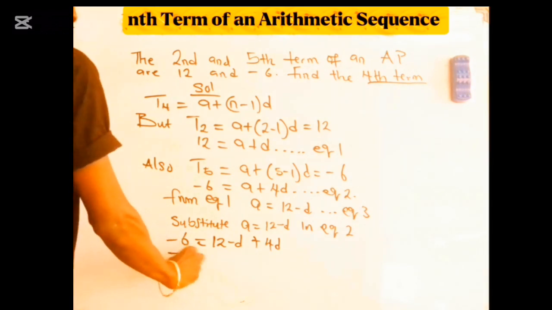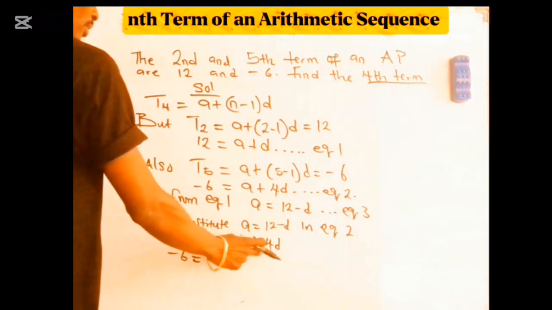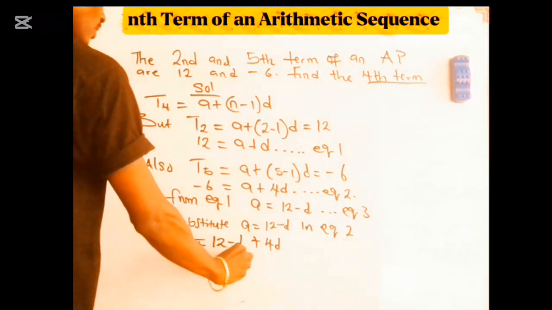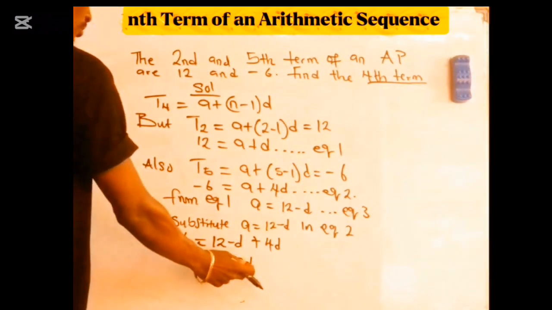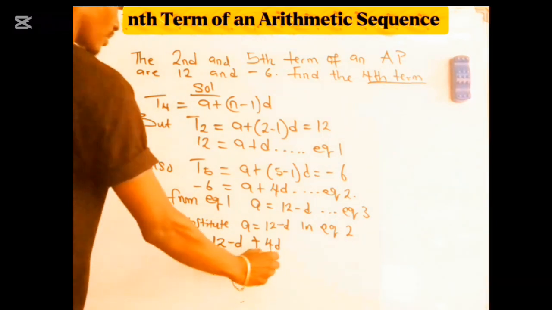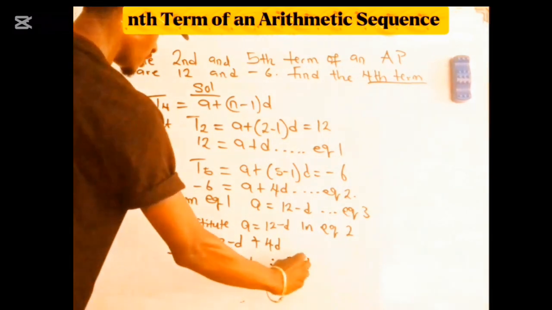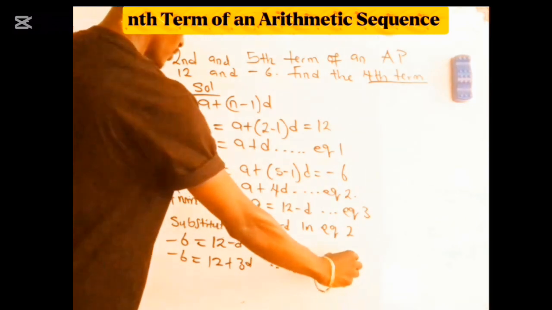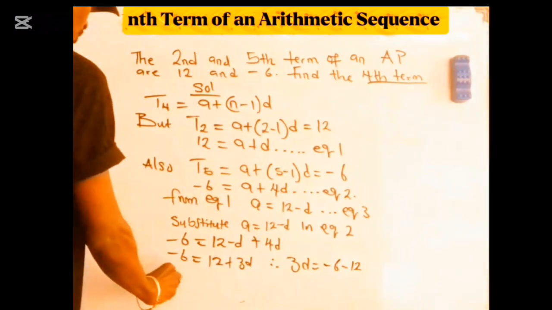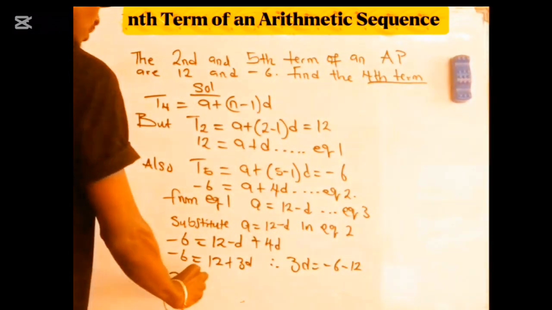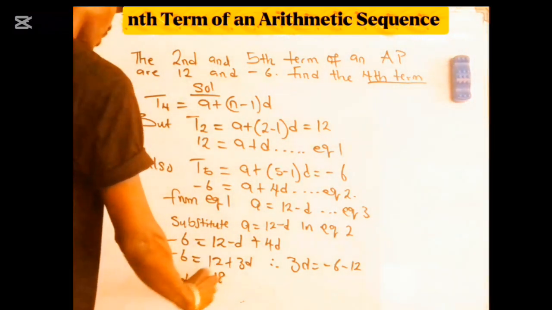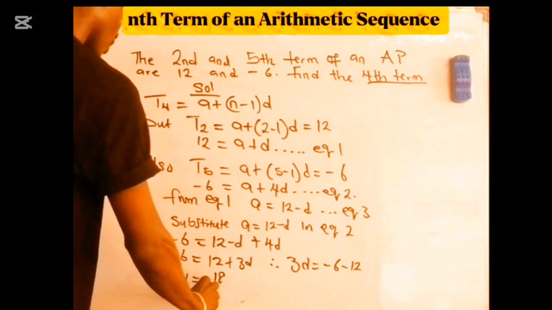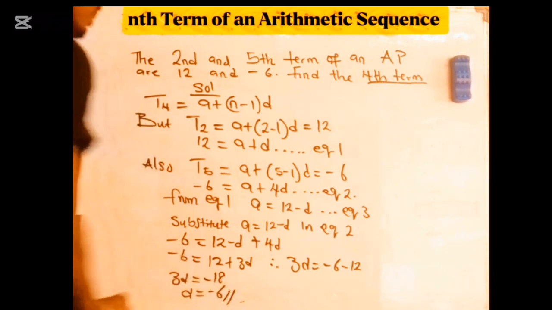So minus 6 will be 12 minus D plus 4D, that's 12 plus 3D. So making 3D the subject of the formula, 3D equals minus 6 minus 12. So 3D equals minus 18. That makes D equal to minus 6.